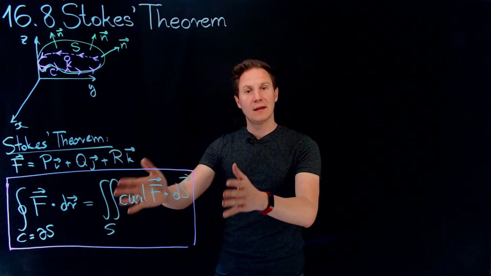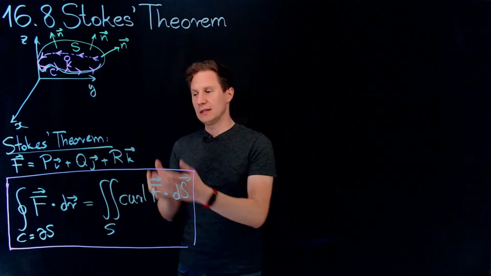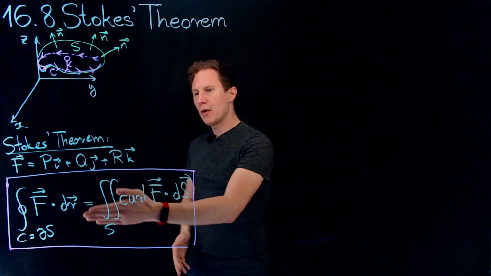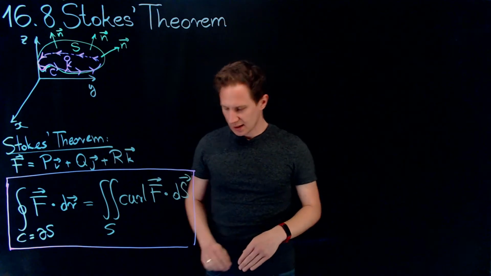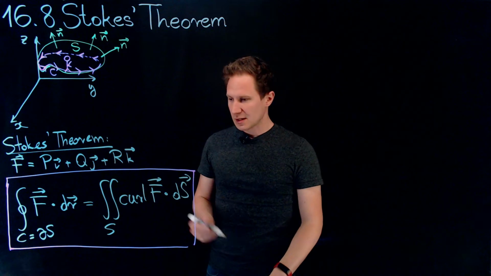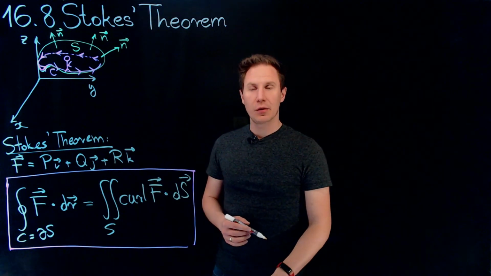And that's what we had in Green's theorem, and the left-hand side is identical, it's just the line integral of our vector field, which now would have only two components because we assume that it lies in the plane. So this is precisely why Stokes' theorem is a generalization of Green's theorem.